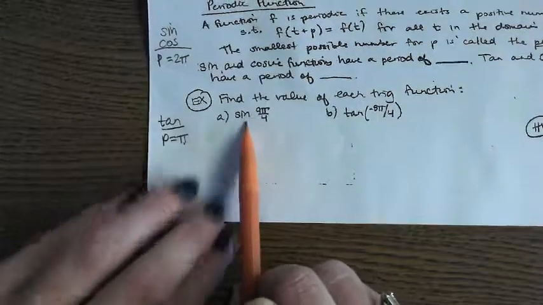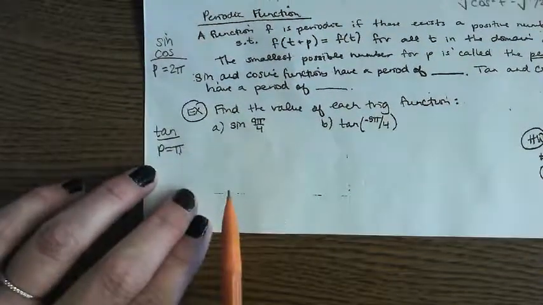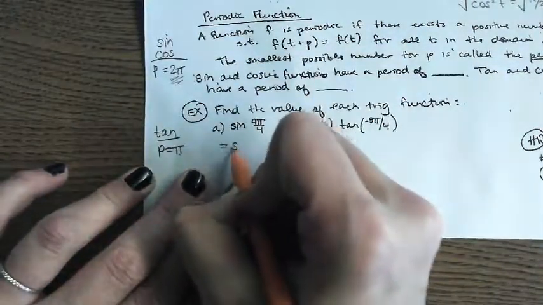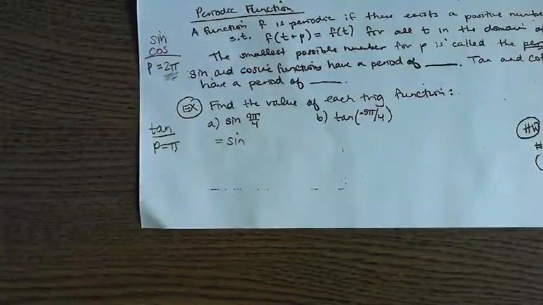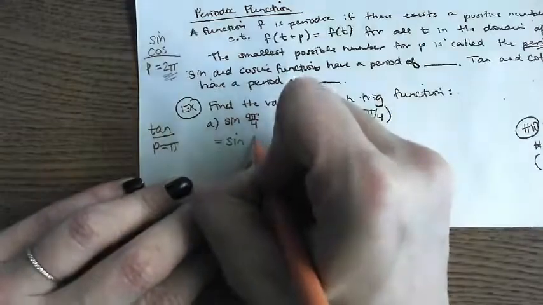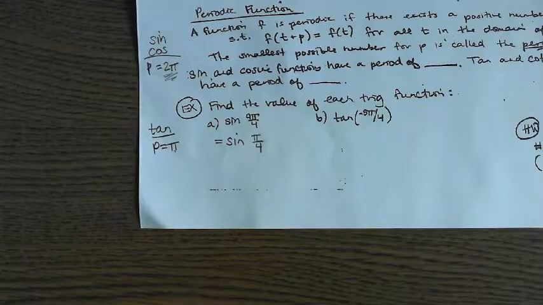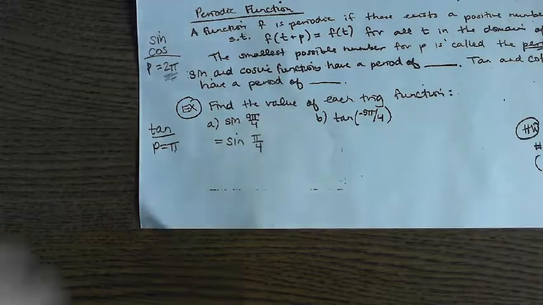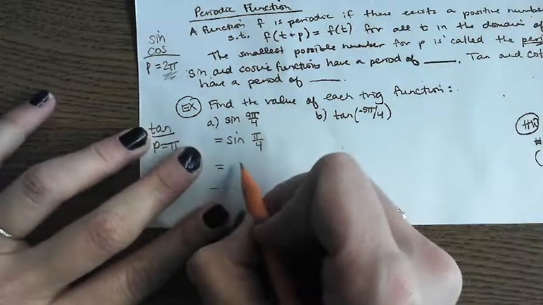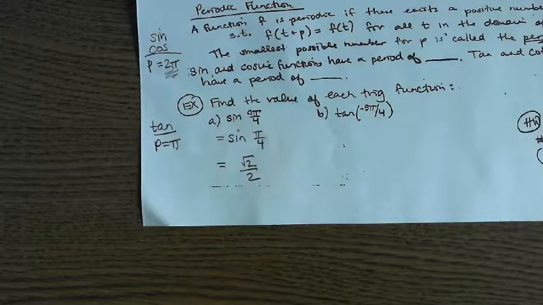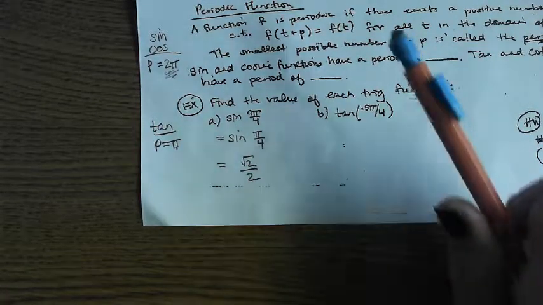So in this one, with sine of 9 pi over 4, since our period is 2 pi, this is going to be equivalent to, and it's almost like coming up with coterminal angles, I can subtract away 8 pi over 4, subtract away my period of 2 pi, and the sine of 9 pi over 4 will be the same as the sine of pi over 4, which was that y-coordinate root 2 over 2 that we saw. Okay? Versus tangents.